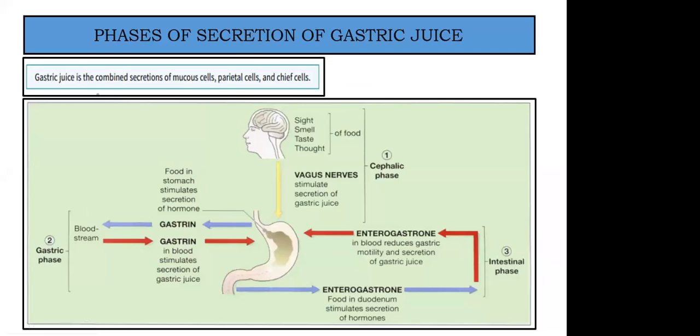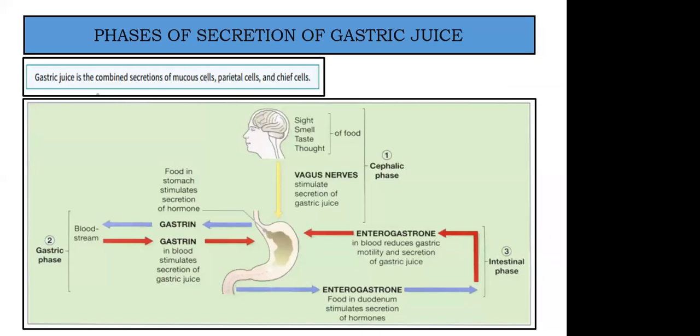This gastrin circulates in the blood supplying the stomach and stimulates the gastric glands to provide more gastric juice. In this way, the secretion of digestive juice continues even after the completion of the meal and at the end of the cephalic phase. Gastrin secretion will be suppressed when the pH in the antrum falls to about 1.5. That is acidic; it will not go lower than that. So there will be no secretion of gastrin and no stimulation of HCl.